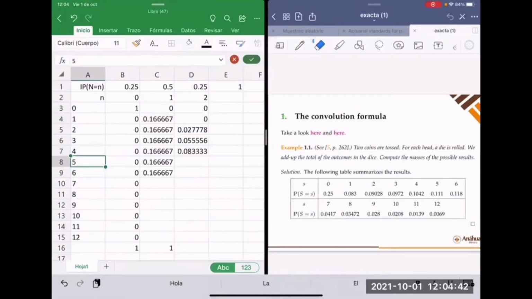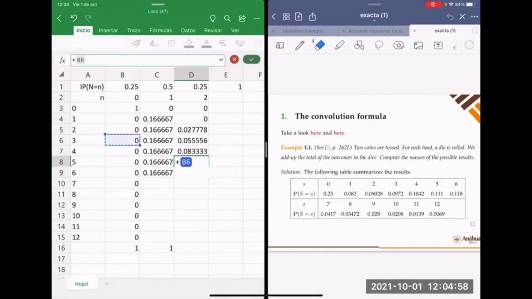If I need to calculate the probability that we get a 5 in the sum of 2 random variables, then we need to go from 1 in the first one and 4 in the second one, or 2 and 3, or 4 and 1.